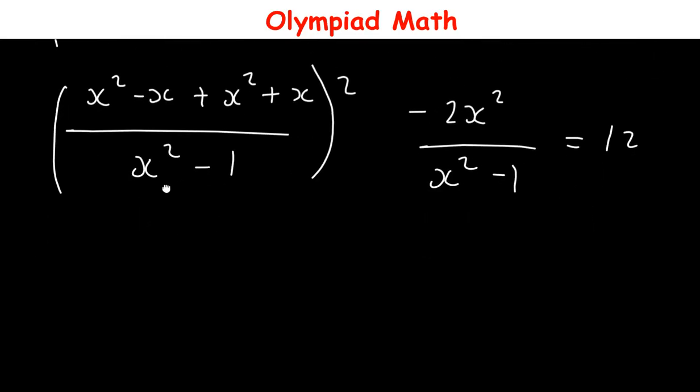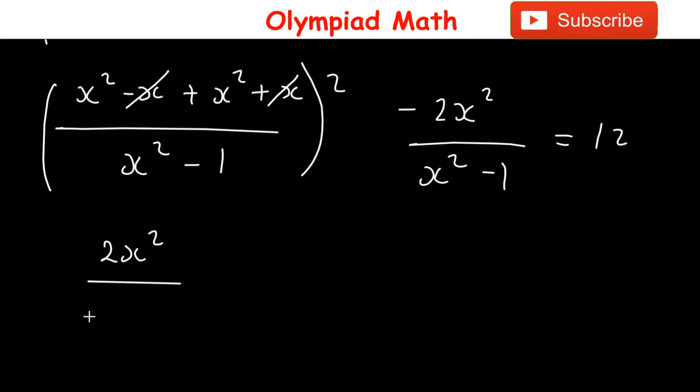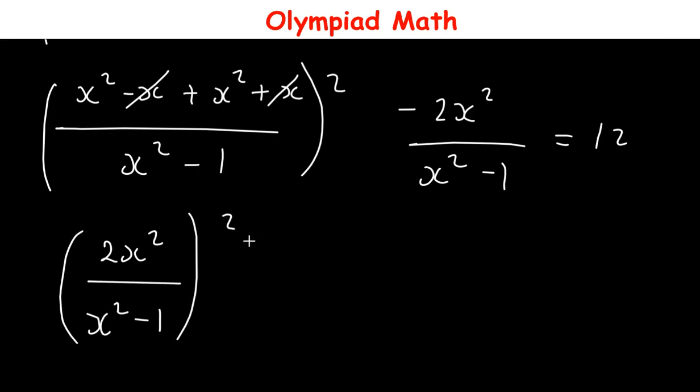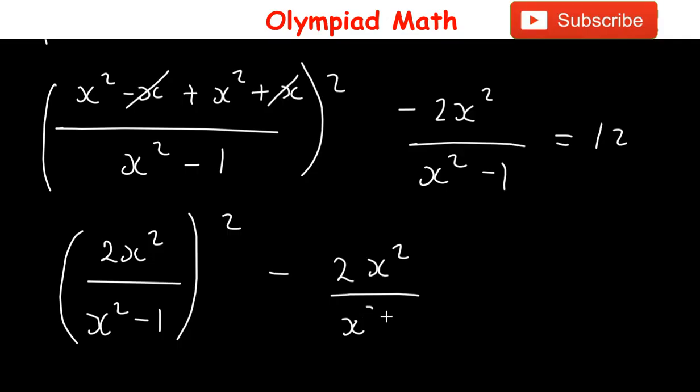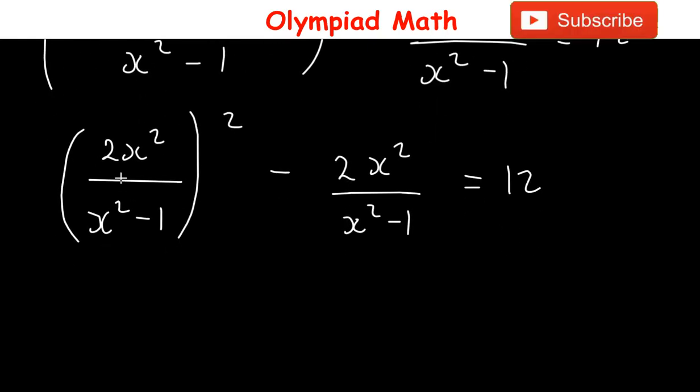So with this, we have x² + x², which equals 2x², minus x will cancel plus x, then over x² - 1 all raised to power 2, minus 2x² over x² - 1, and this equals 12. So at this junction, we have 2x² over x² - 1, same thing here also.